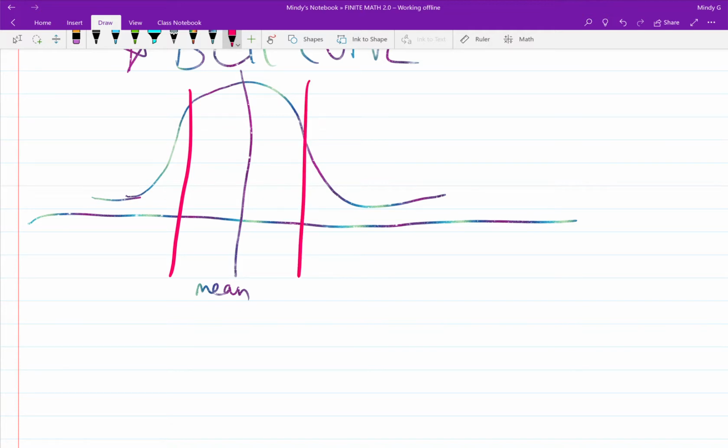So any data point that falls between this value and the mean is going to be one standard deviation away, right? And so then we also have two standard deviations. So any data value that falls within that space is going to be two standard deviations from the mean. Just to kind of show you what's going on, the mean is going to be some value.